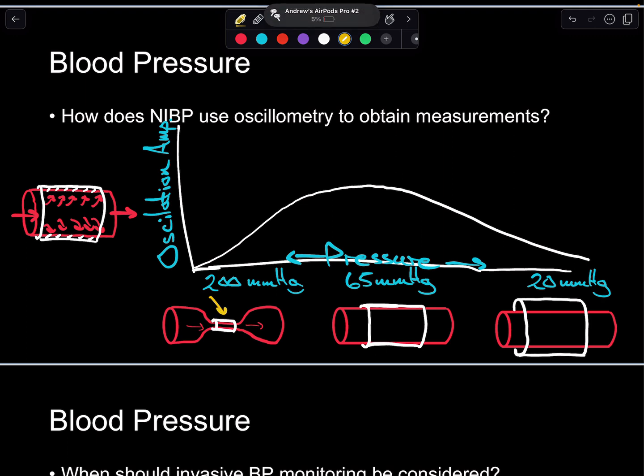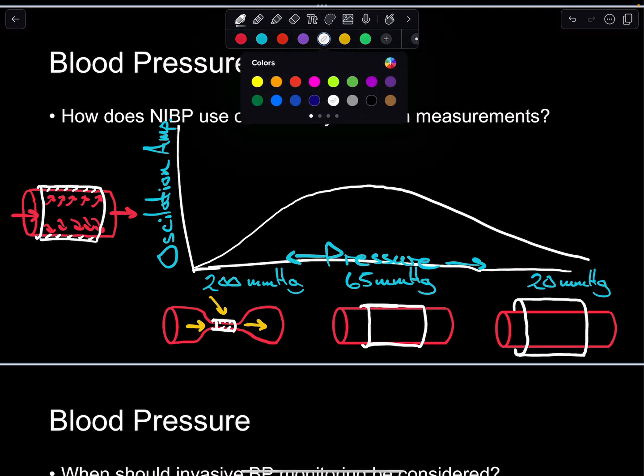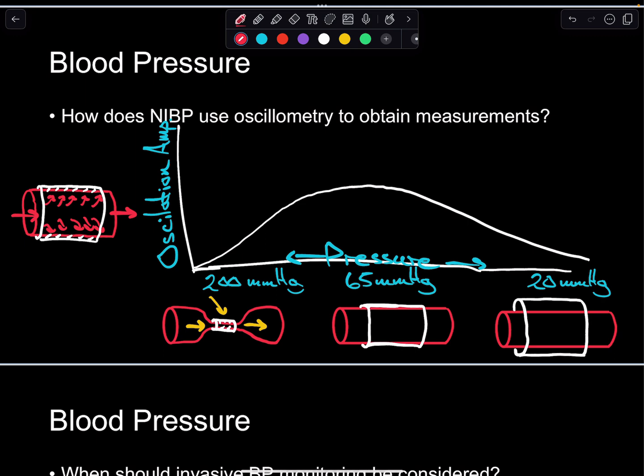Now you can imagine, because it's so tight and it's clamped down, there's very limited blood that can actually flow through the artery like this. There's not very much. So because there's reduced flow, the sensors in the blood pressure cuff pick up a minimal or very small amount of oscillations that are occurring through that artery.